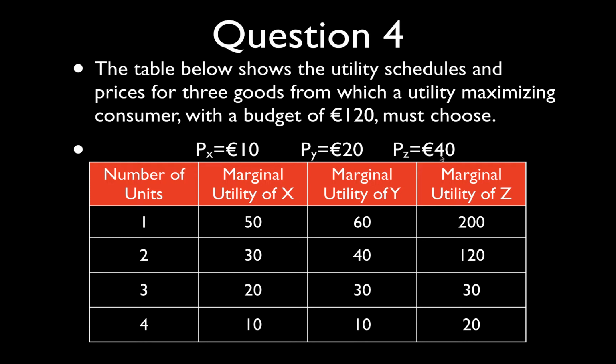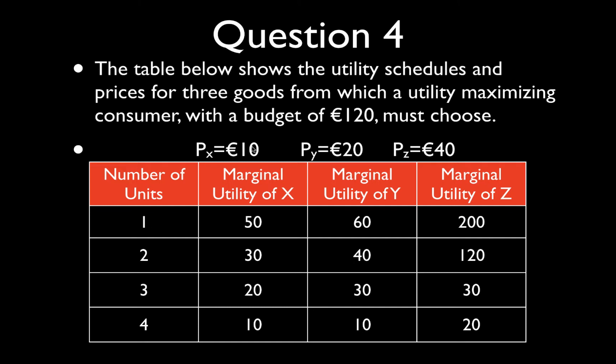Because the price of good Z is 4 times the price of good X, you better get at least 4 times the marginal utility of good Z that you do of good X, because for good Z you have to spend 4 times the amount as you do on each unit of good X. So have a look at that, pause the video now, have a go at that question, then press play when you're ready.